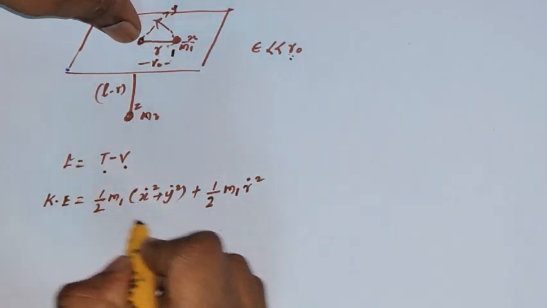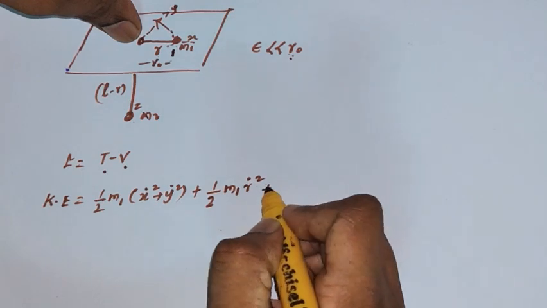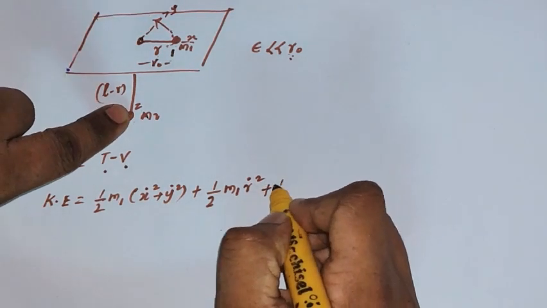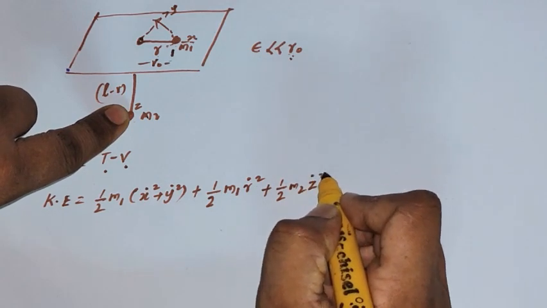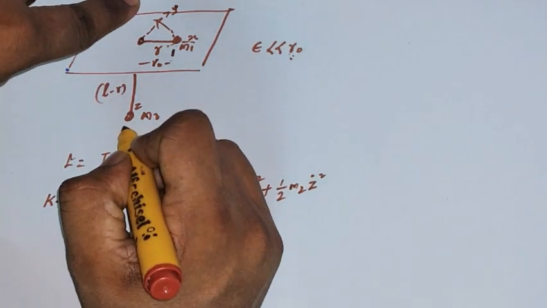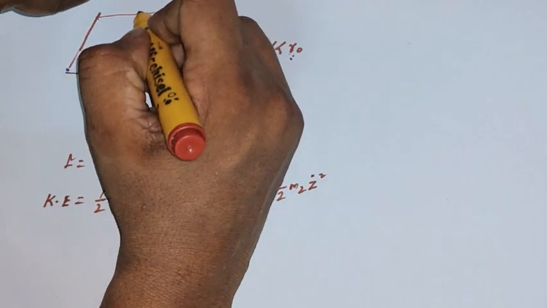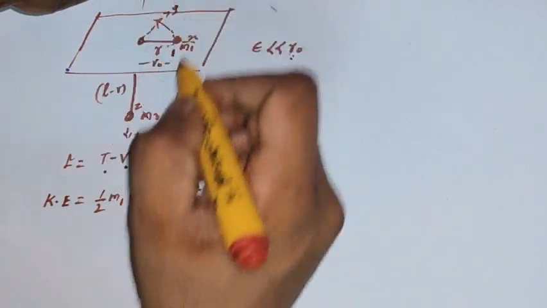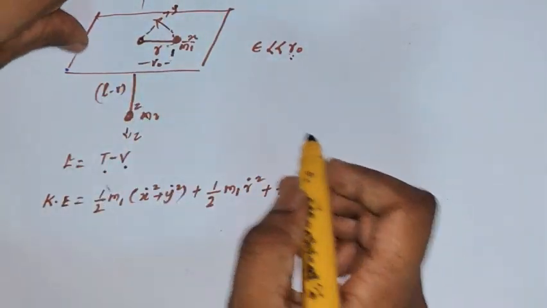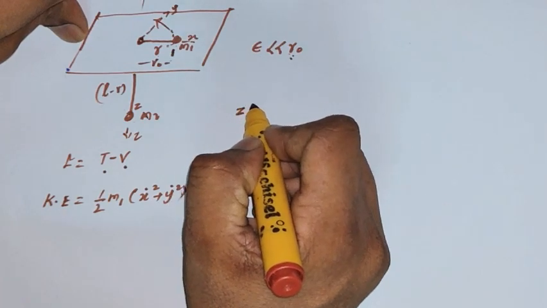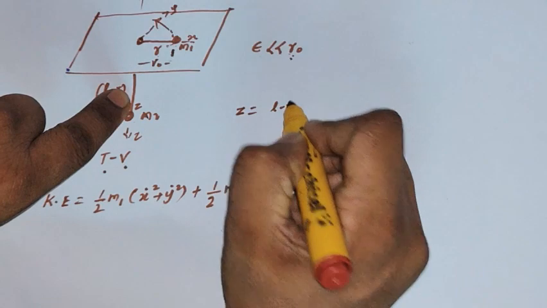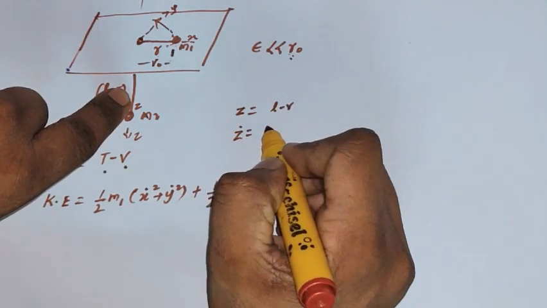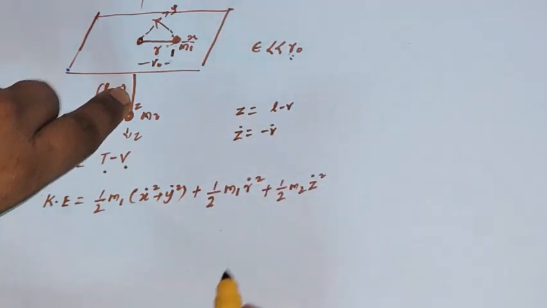This is the kinetic energy of the first particle, plus the kinetic energy of the second particle, half m2 z dot square. It is moving along the z direction only. But we know z equals L minus r from the center. So z dot would be equal to minus r dot, because L is constant.